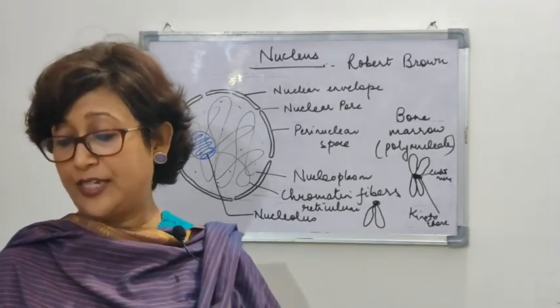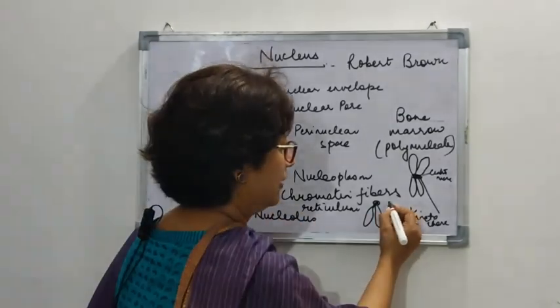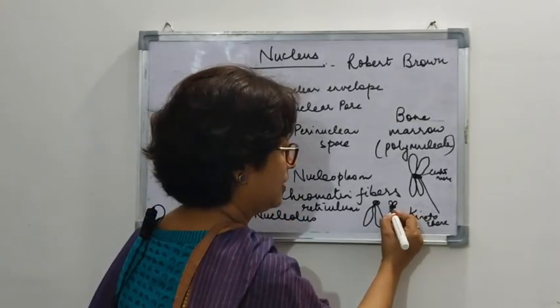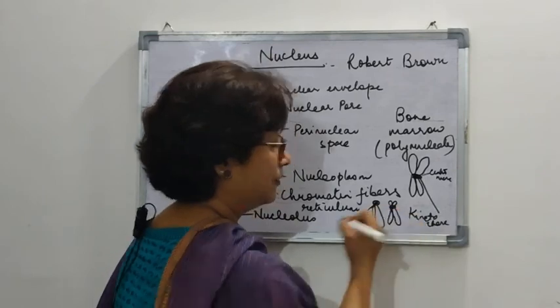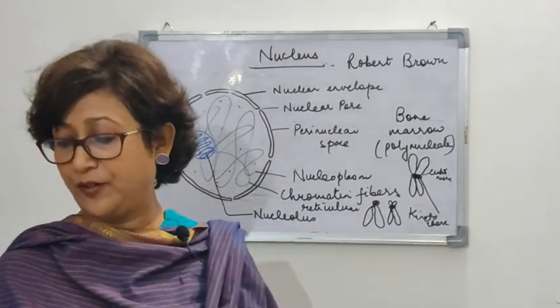Now if the centromere is inner to the telomere, slightly like this, right, then this is called acrocentric, right?